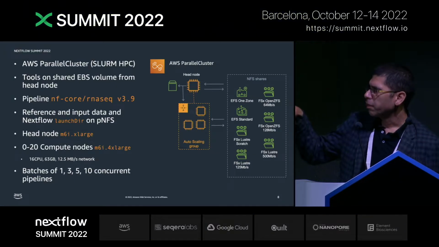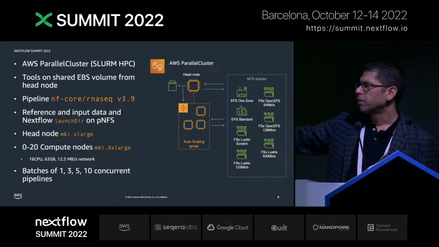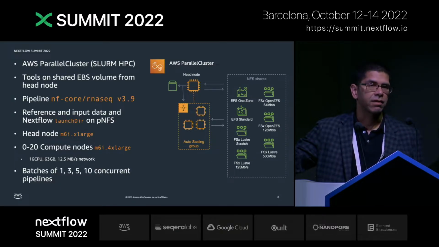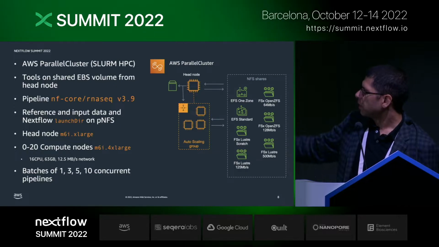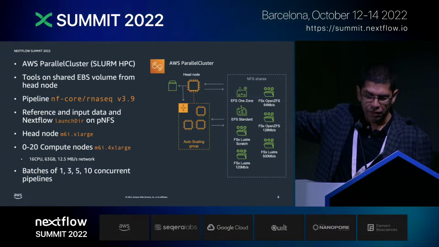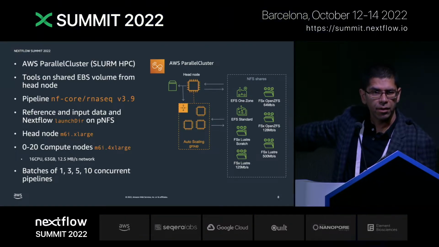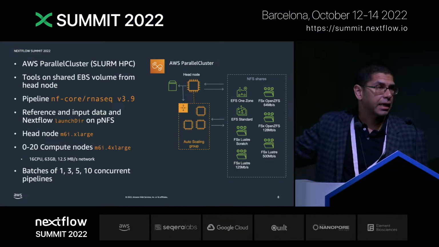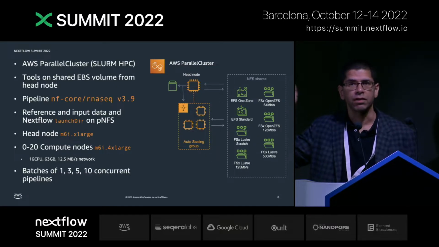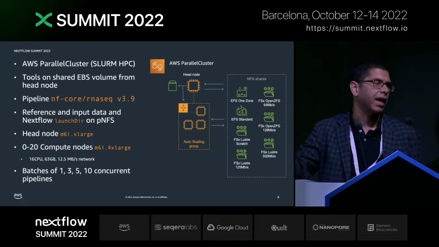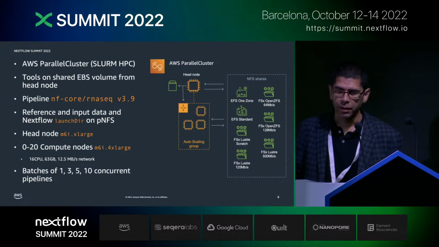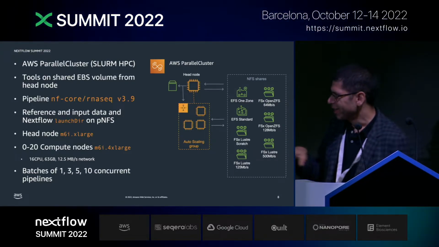The thing to note about file systems is the 12.5 megabits per second network bandwidth you have into these instances. For some of these, like the Lustre down on the bottom right here, it can sustain a 500 megabits per second throughput. That's provisioned. You could say, I want to be able at all times to pull that much data from that file system. That's a little bit expensive.